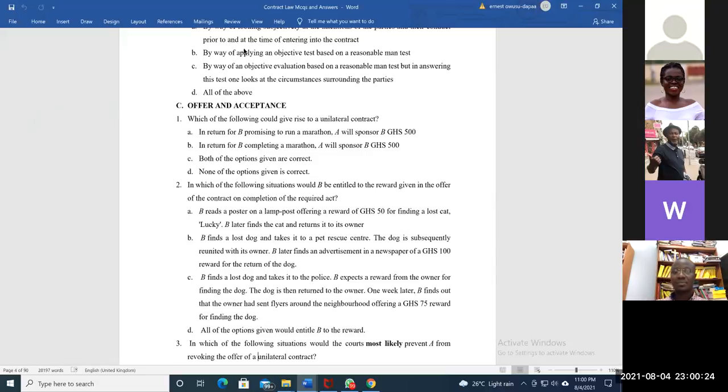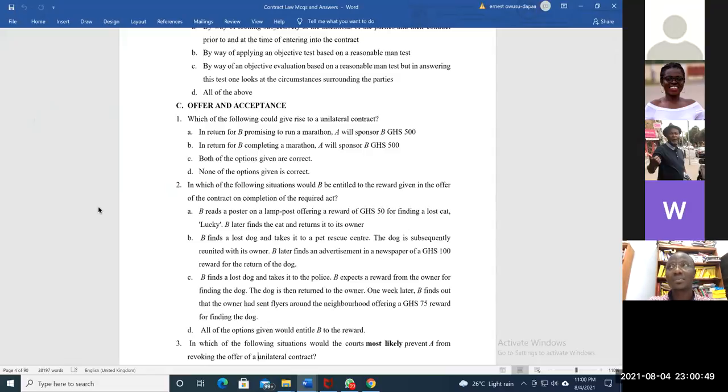Simply, a unilateral contract is where one makes a promise for the actual performance of something for the other person. With the bilateral, it's a promise for a promise. So the whole contract is based on a promise. The offeror makes a promise, and the offeree in turn also makes a promise to do something.